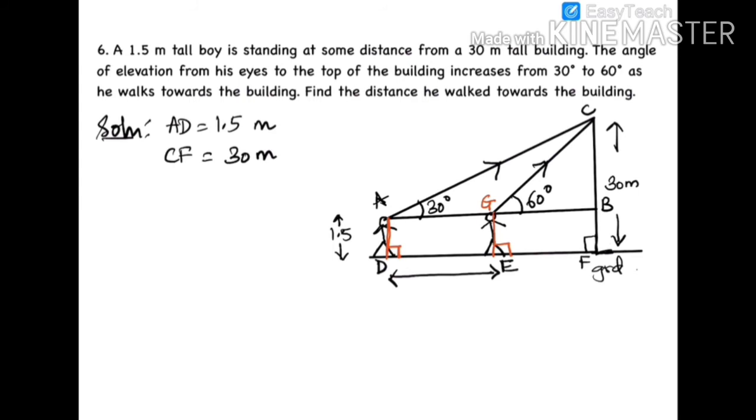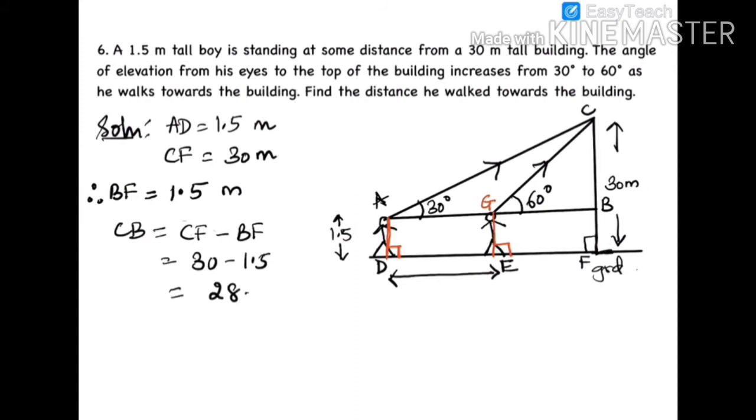So the length of BF will also be 1.5 meters. This implies that CB will be CF minus BF, which is 30 minus 1.5, that is 28.5 meters.